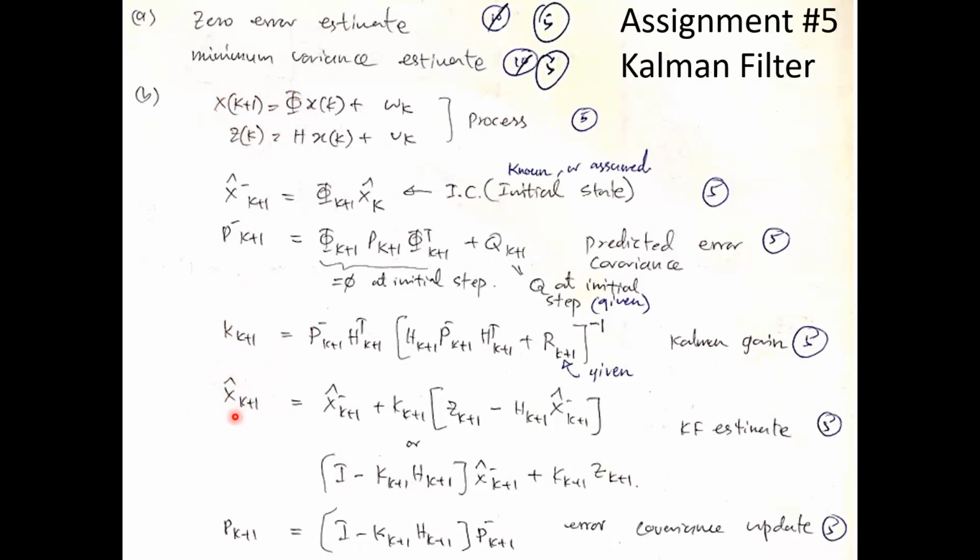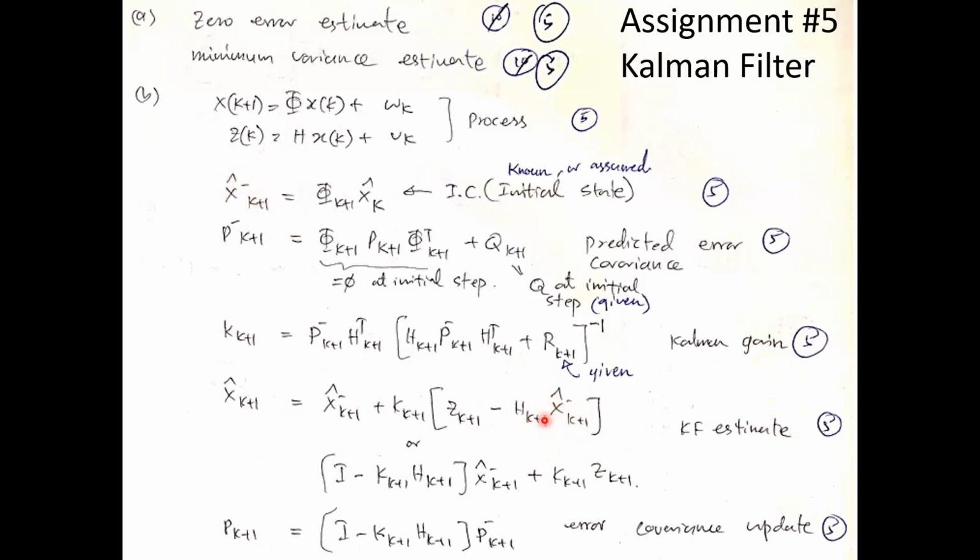Then you can actually estimate the state x hat k plus 1 using this equation. Now there you can see the Kalman gain comes over here, right? It is the measurement minus this one. This one is the previous estimate xk plus 1 over here, right?